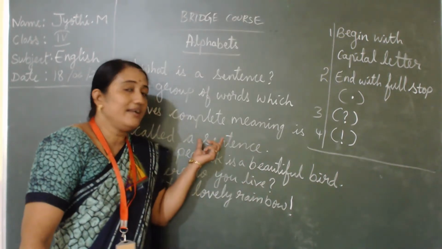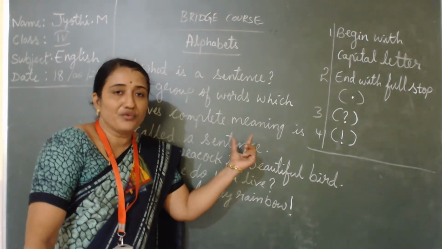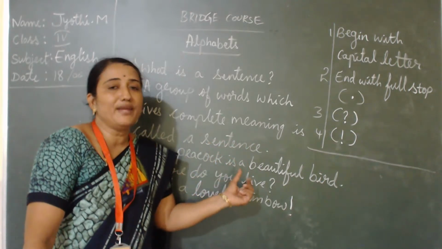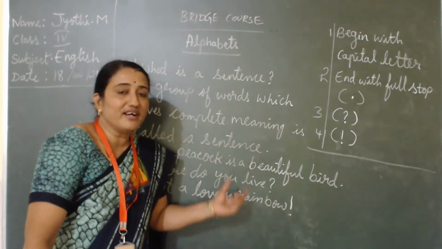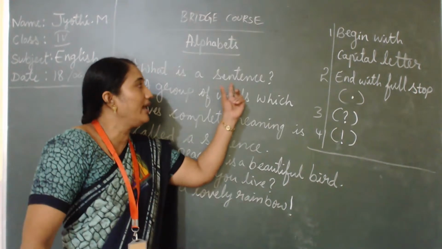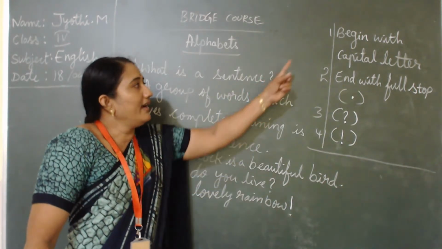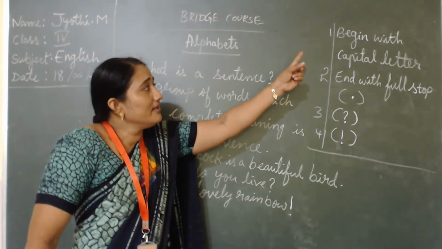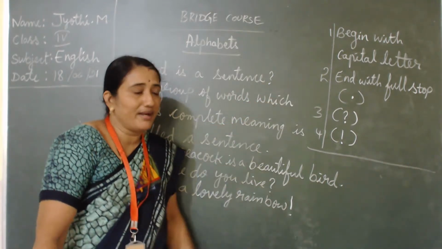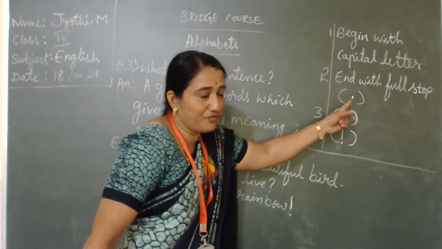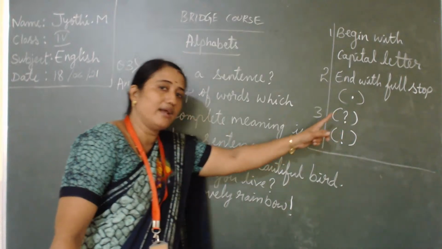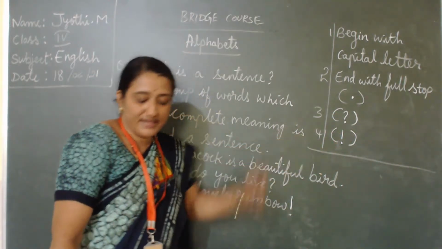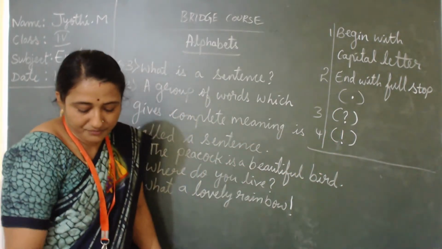But in a sentence, when you put the group of words, it gives a complete meaning. When the words give the complete meaning, it is called a sentence. And in the sentence, the first letter begins with a capital letter, and it sometimes ends with a full stop, sometimes with a question mark, and sometimes with an exclamation mark.